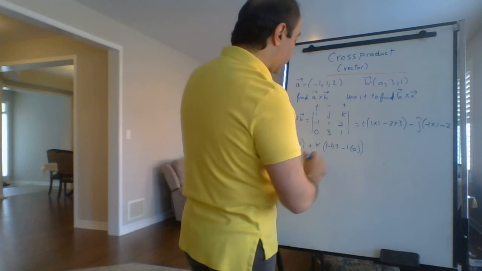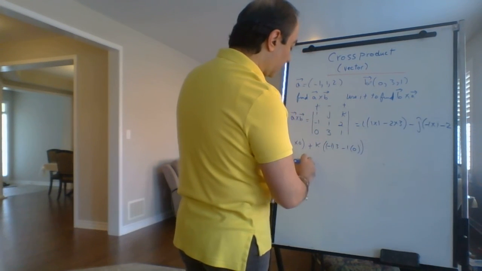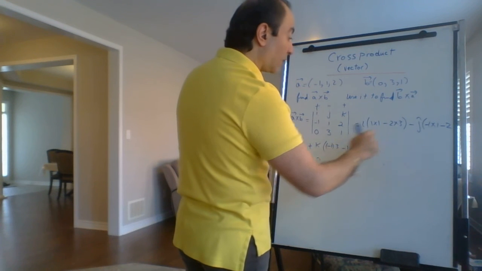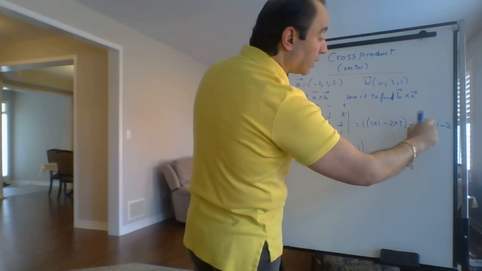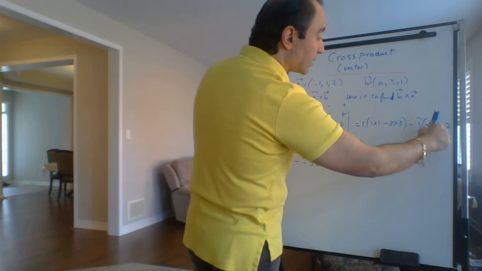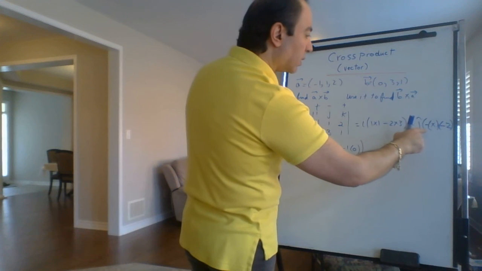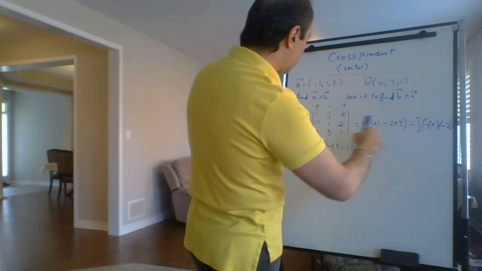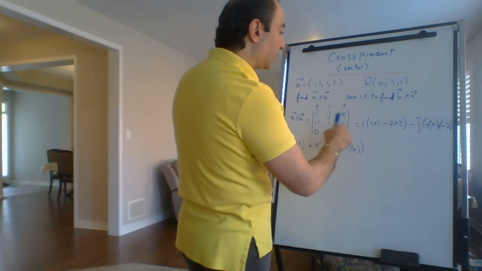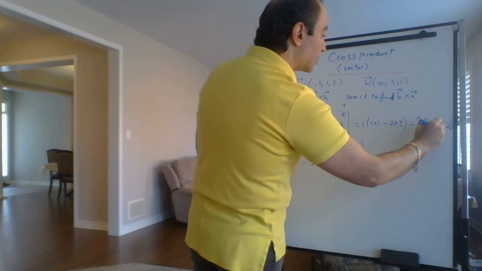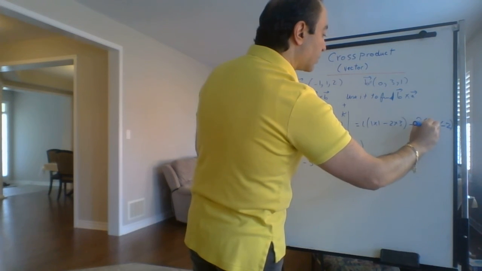So for I, 1 minus 6 is negative 5i. And for J, it was negative 1 times 1.